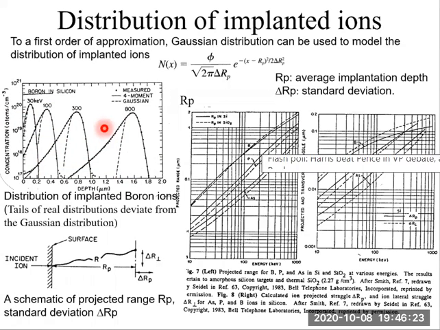An explanation is that boron ions experience significant backscattering when they collide with silicon atoms. That's why we observe this kind of tails.